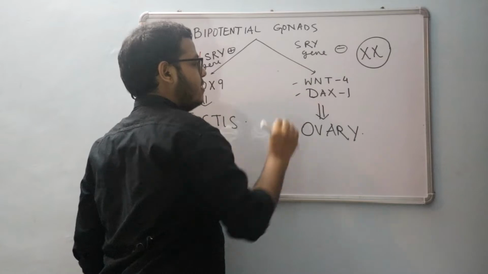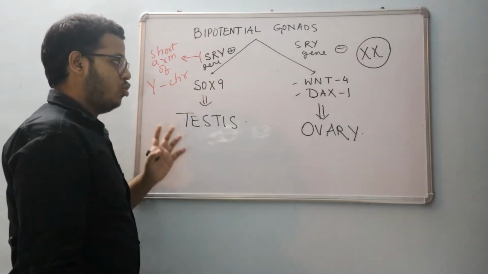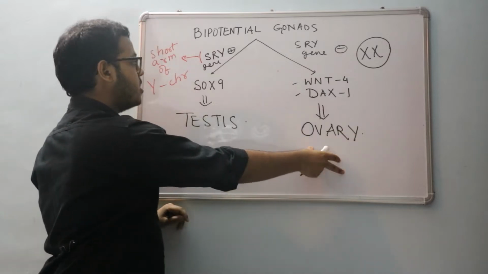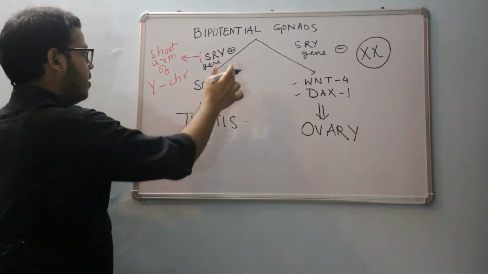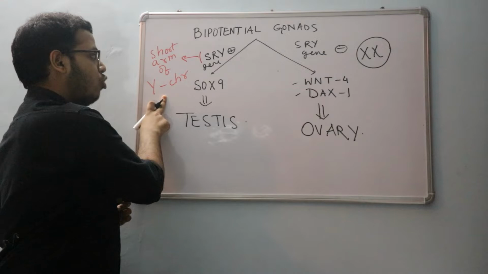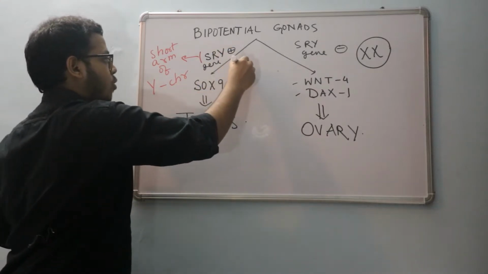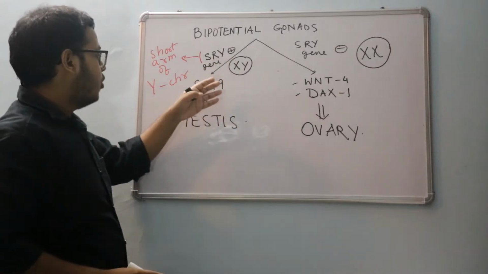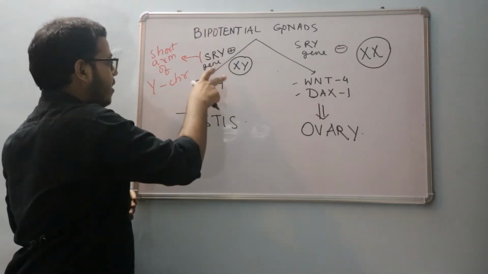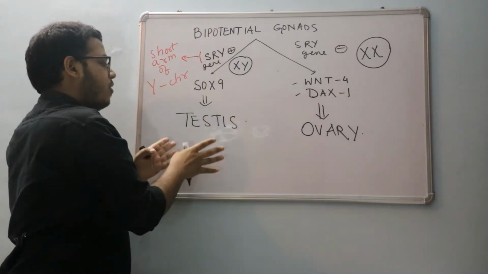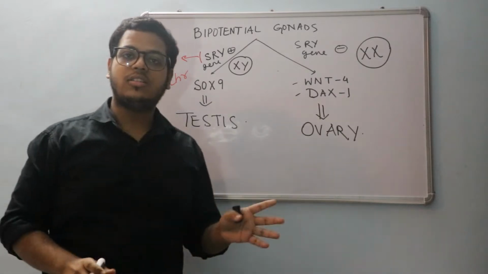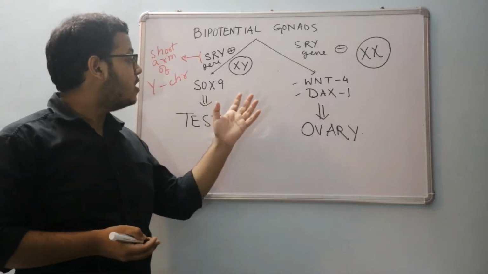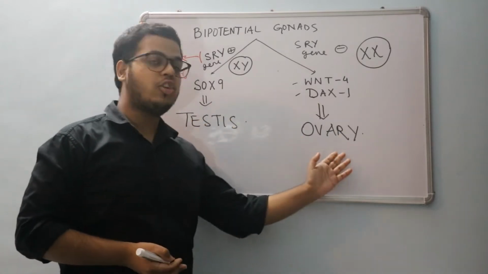We don't have the SRY gene because we don't have the Y chromosome itself. And if these two genes are present, we will have ovary development. Now, in the presence of the SRY gene on the Y chromosome, in 46XY, if SOX9 is also there, we will get the testes. This is how the bipotential gonads differentiate into either testis or ovary.